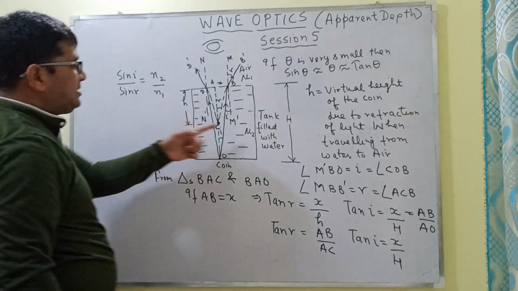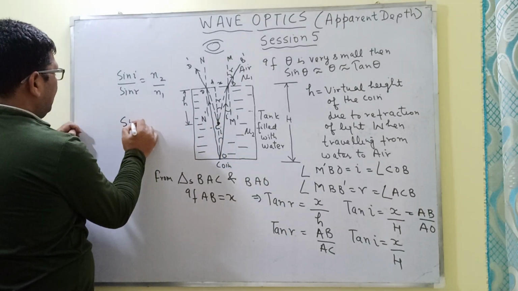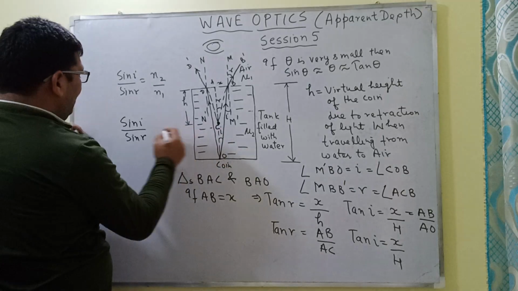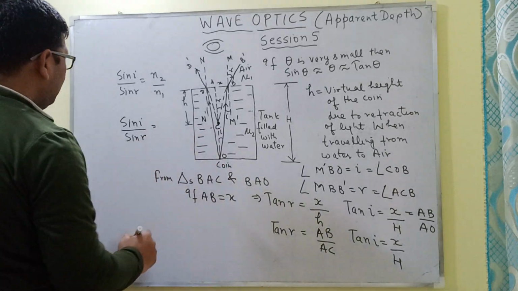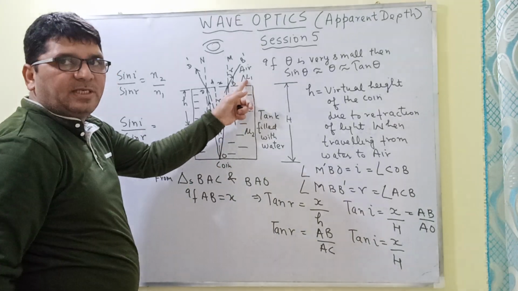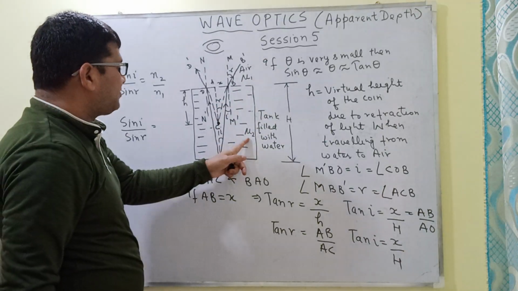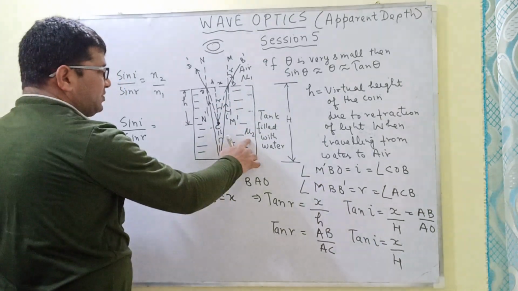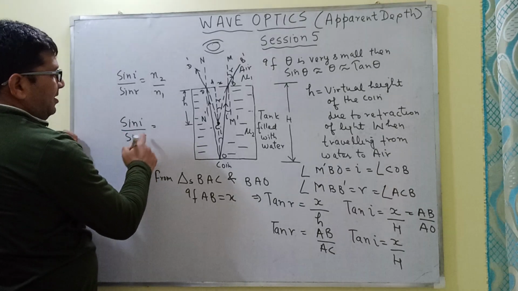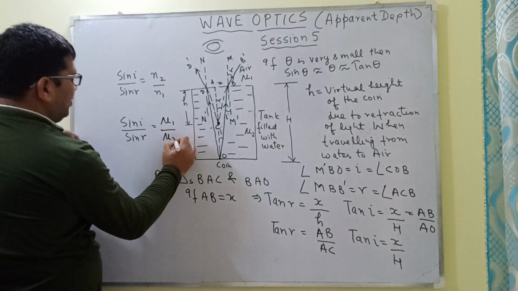So using this Snell's law, here we can write that sin I upon sin R will be equal to, here I have taken the refractive index of air as mu1, the absolute refractive index, and the refractive index of water is mu2. So in this case, sin I upon sin R can be written as mu1 upon mu2.